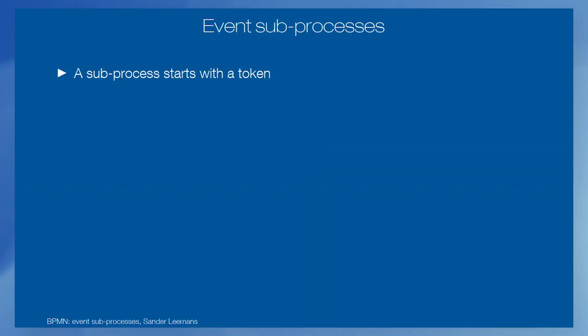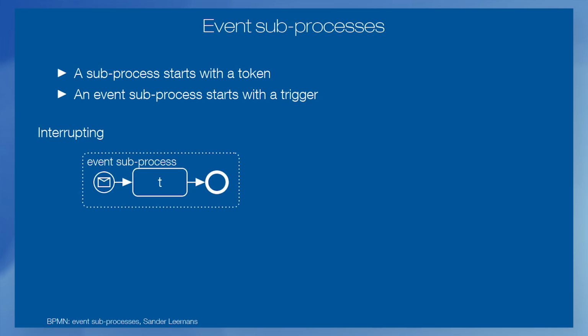If we want to have a subprocess that starts based on a trigger, we cannot use a normal subprocess, but we have to use a so-called event subprocess. Without further ado, this is what they look like. Notice that it looks exactly like a subprocess, however the border is dotted and the start event is a trigger.